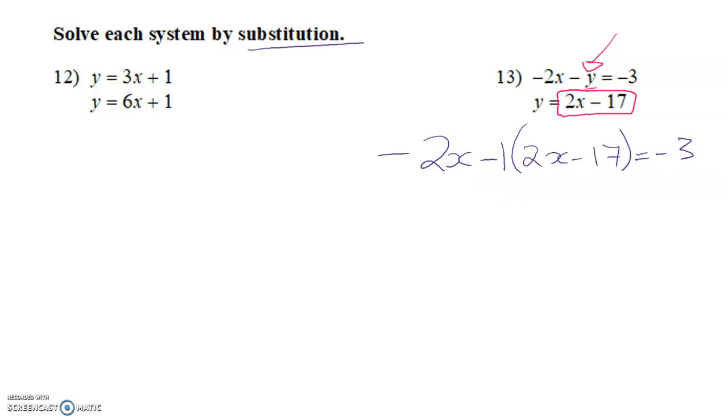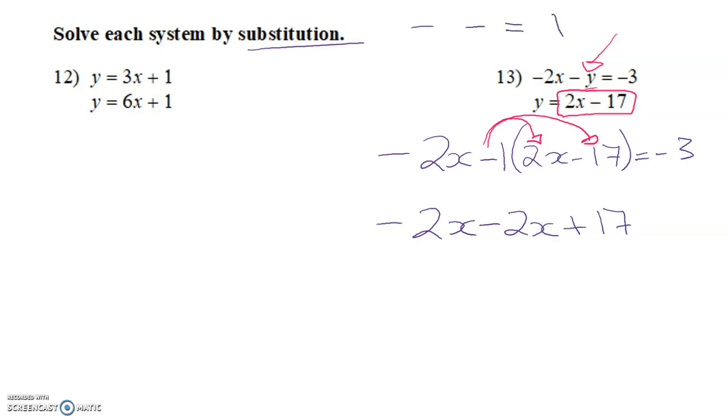So to get rid of the bracket, I have to do negative 1 times 2x and negative 1 times negative 17. So I end up with negative 2x minus 2x, because negative 1 times 2 is negative 2. Negative 1 times negative 17 is positive 17. Remember that when we multiply two negatives, we end up with a positive. And we still have negative 3 on the right.